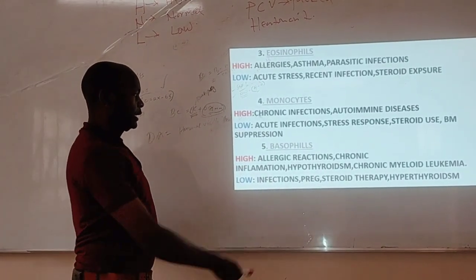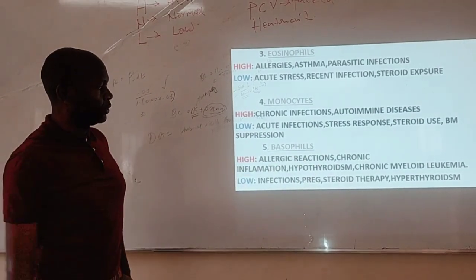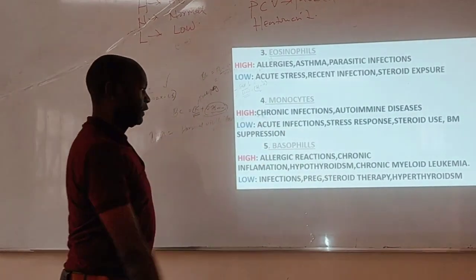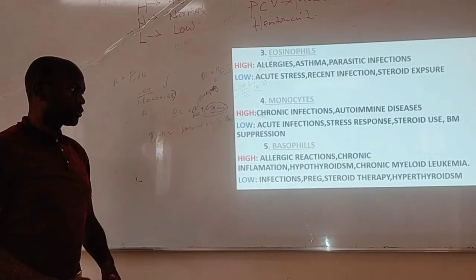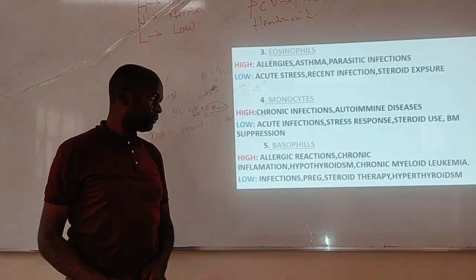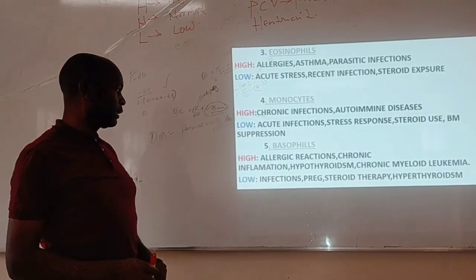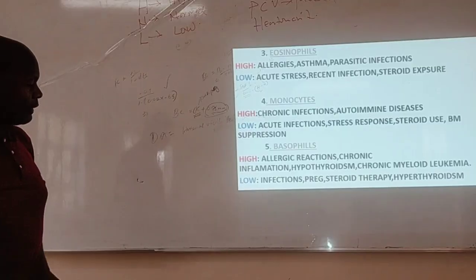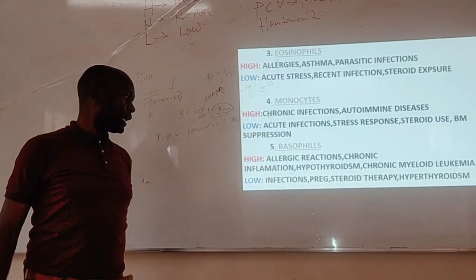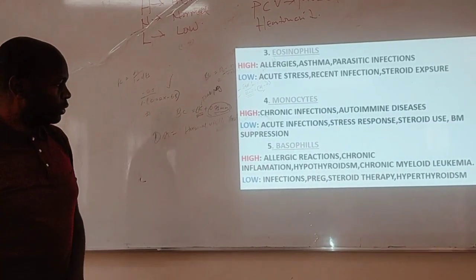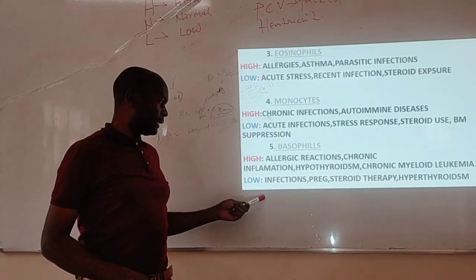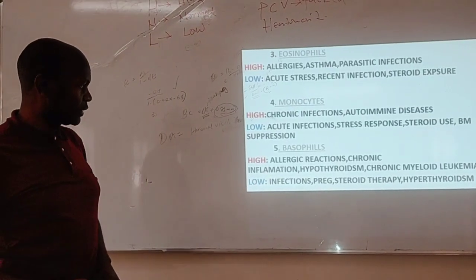it can also indicate an allergic reaction or chronic inflammation, a condition also referred to as hypothyroidism, chronic myeloid leukemia, among other conditions. And when the basophils are low, it also means the patient could be having an infection.